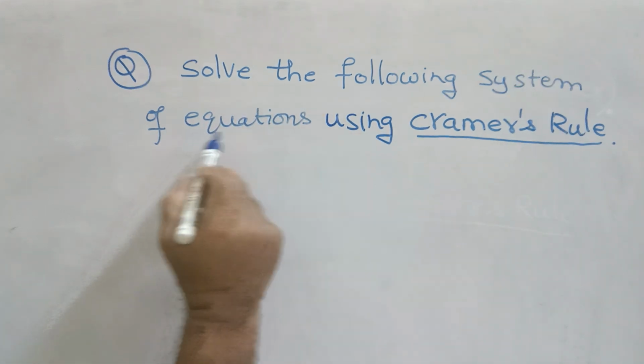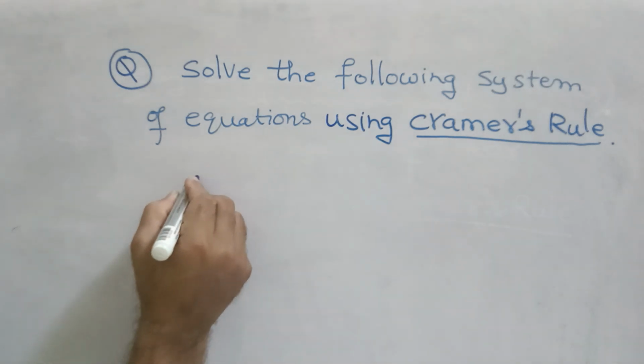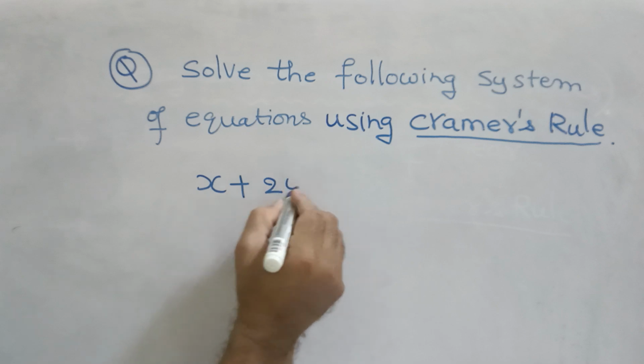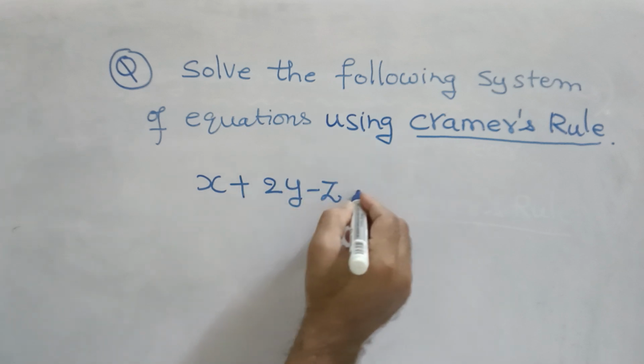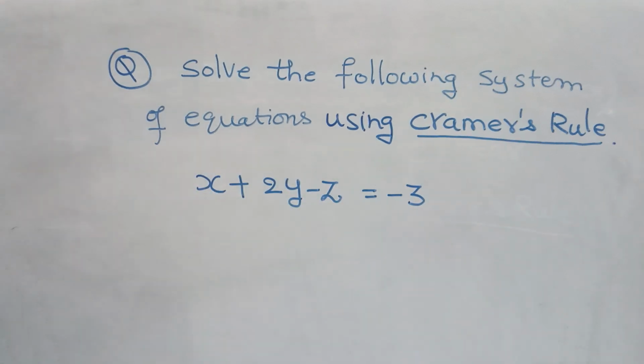The system of equations is given like this. It is given like this: x plus 2y minus z is equal to minus 3. This is the first equation.